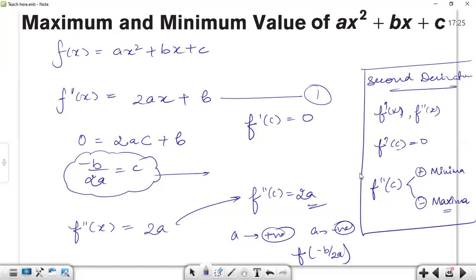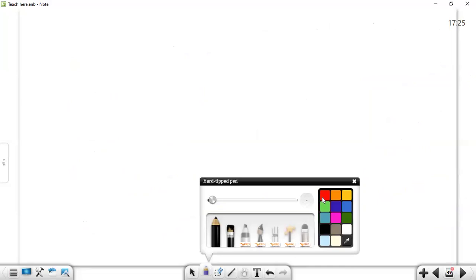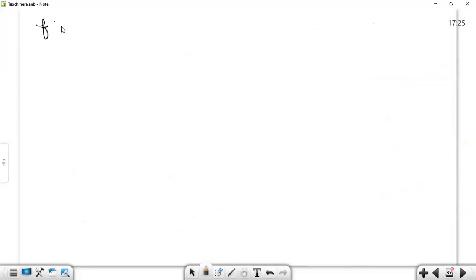So now let's summarize and write. As we're discussing the function ax square plus bx plus c, for a being positive, the parabola is going to face upwards.